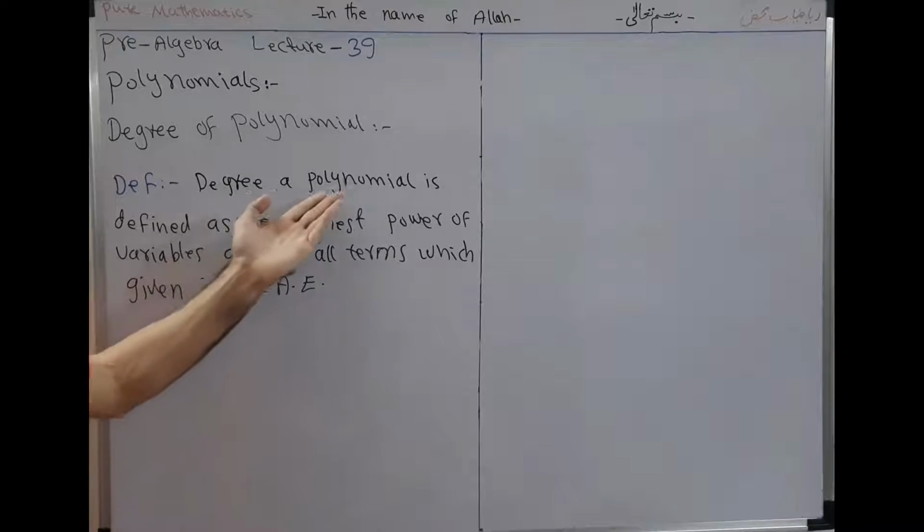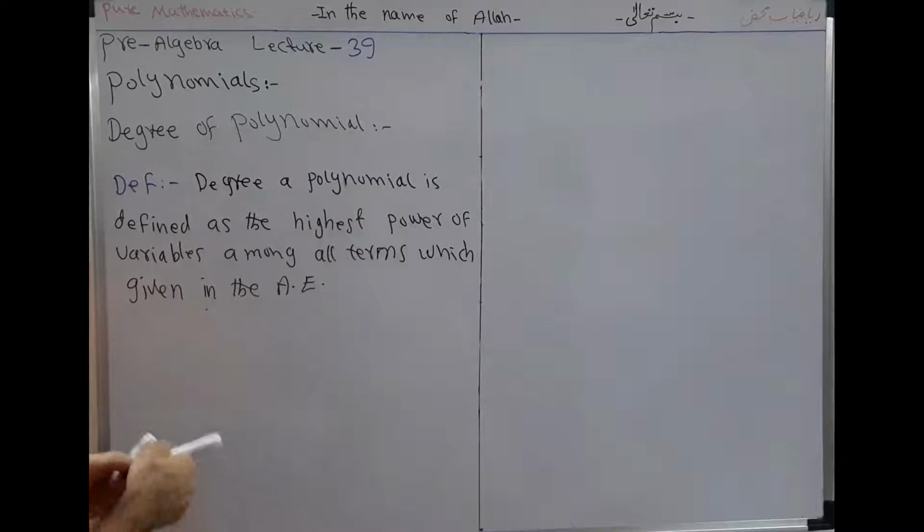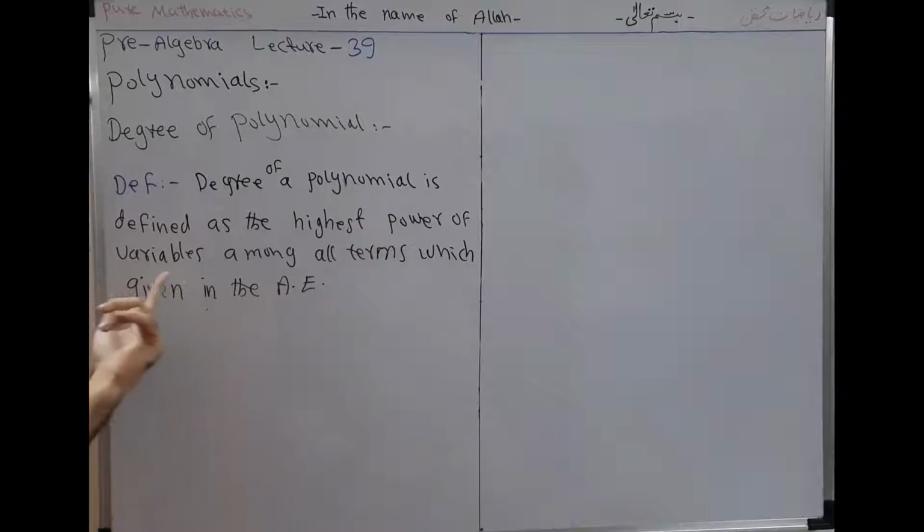The degree of a polynomial is defined as the highest power of variables among all terms which are given in the algebraic expression.